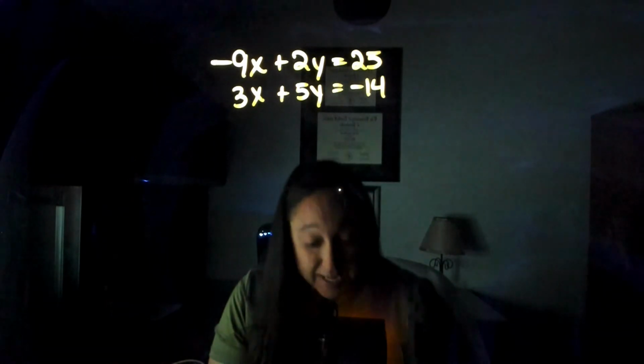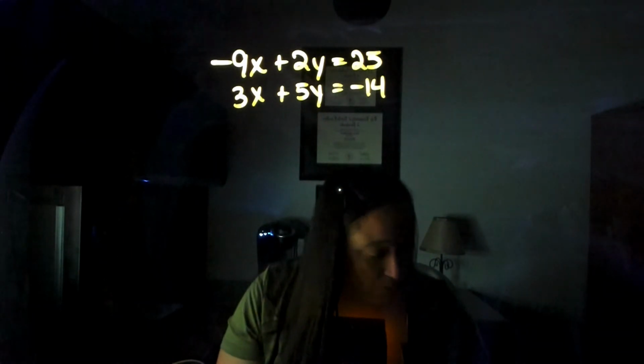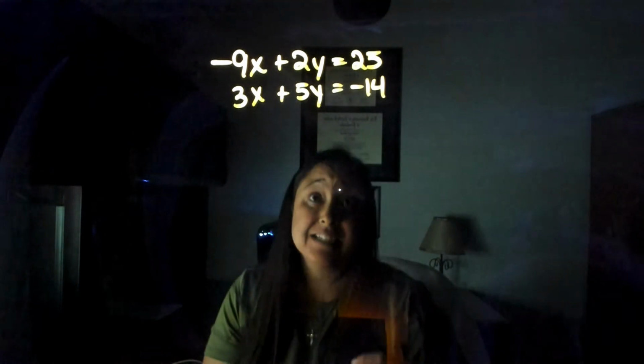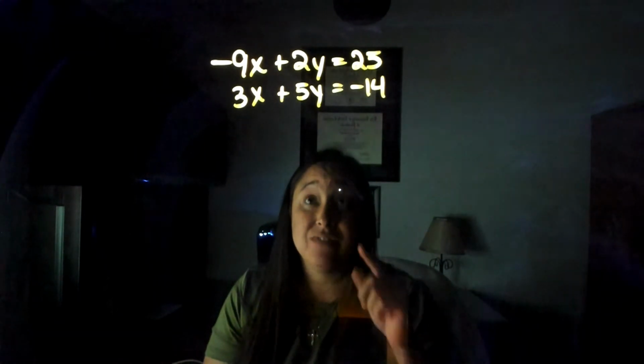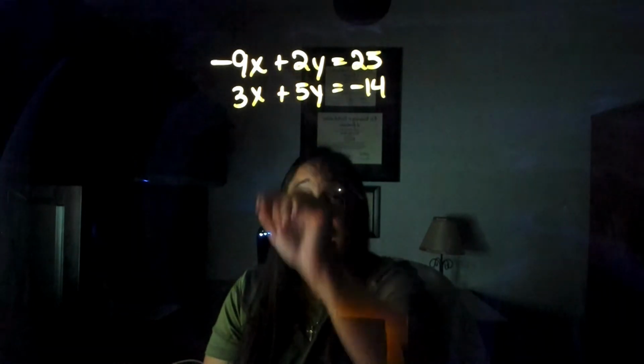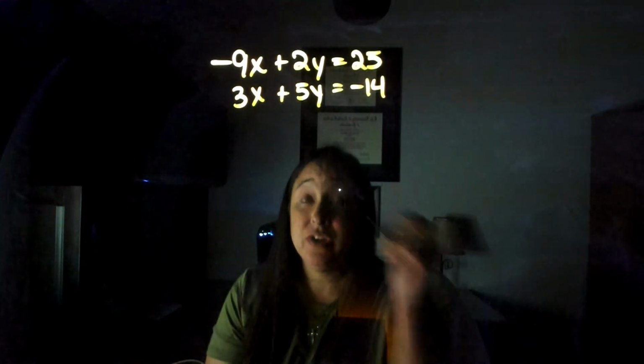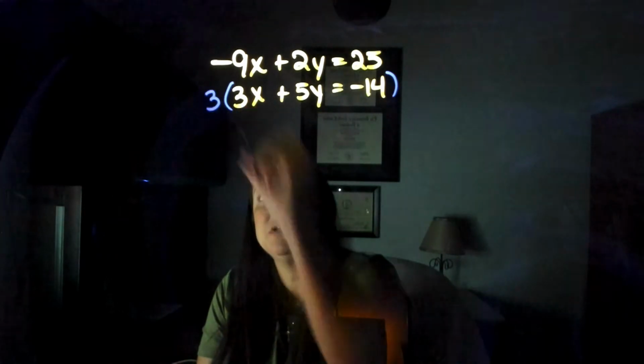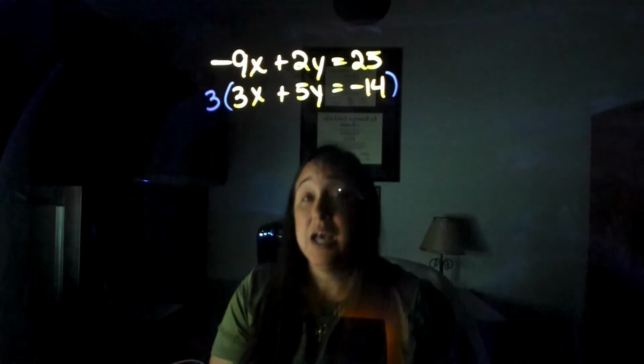So in my case here, what I want to eliminate is the x. I see that I have a negative 9x in the first equation. In the second equation, I have a 3x, but if I take that second equation and multiply it by 3, let's rewrite this.